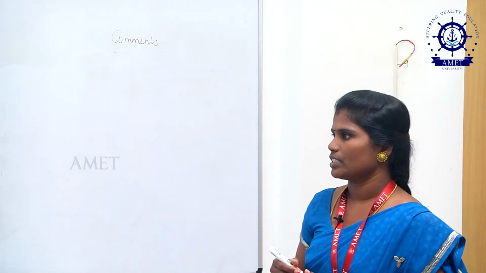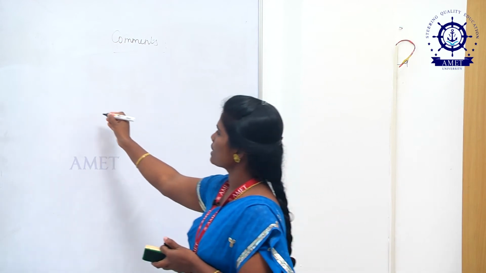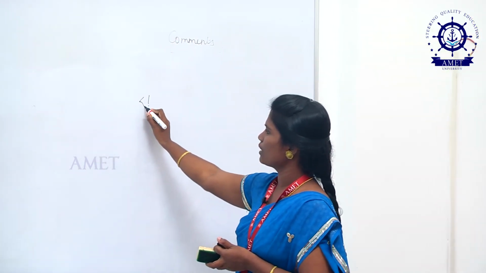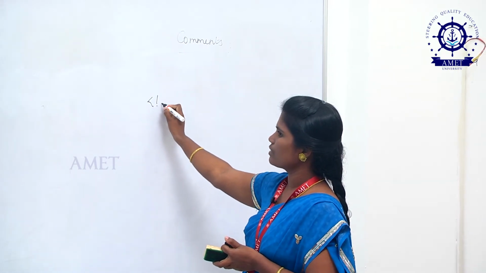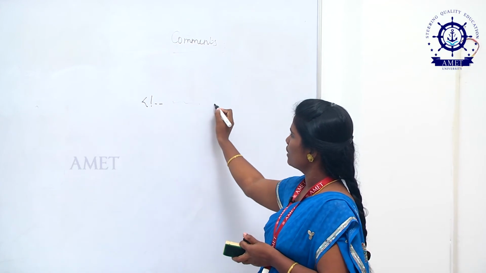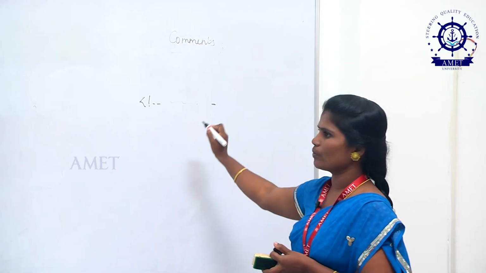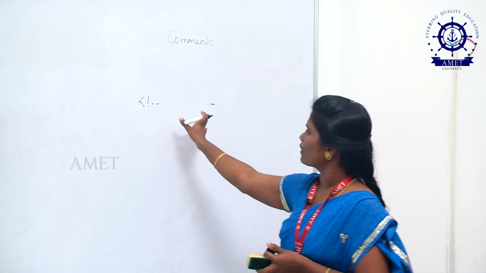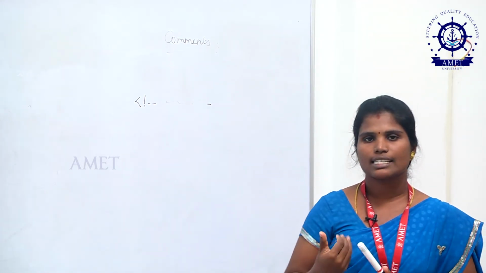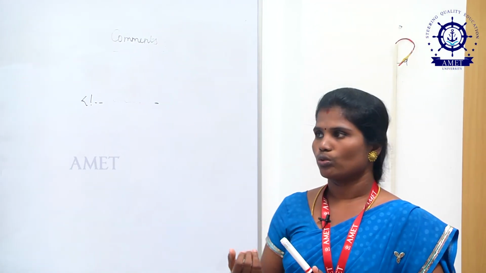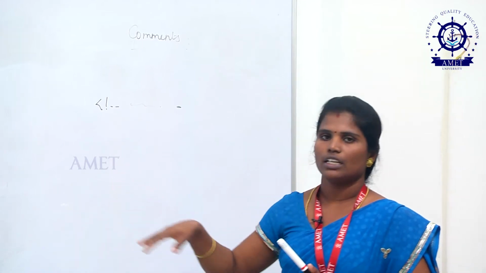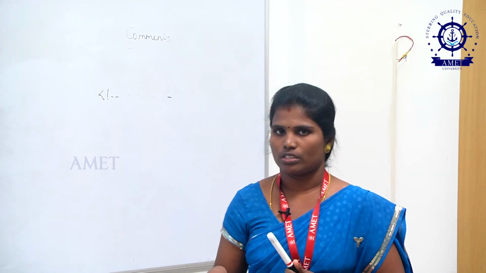It must start with an open angle bracket, exclamation symbol, then double hyphen, then you can give your comment here, then end with a hyphen. Whatever you have given here will not be executed by the web browser.